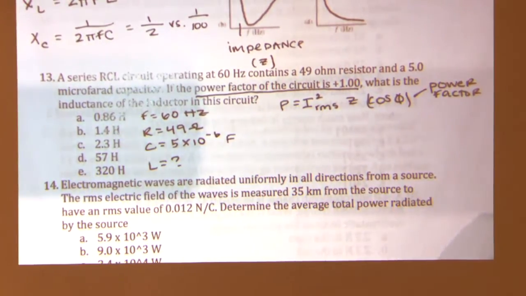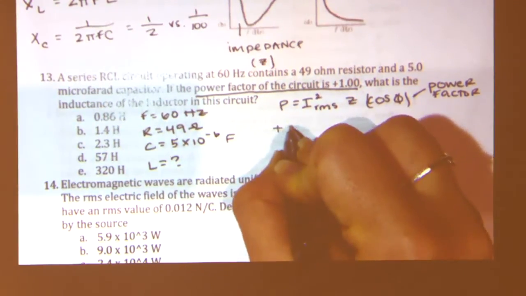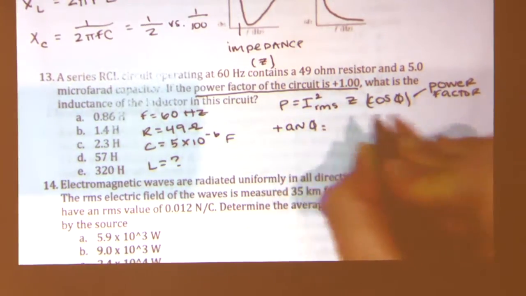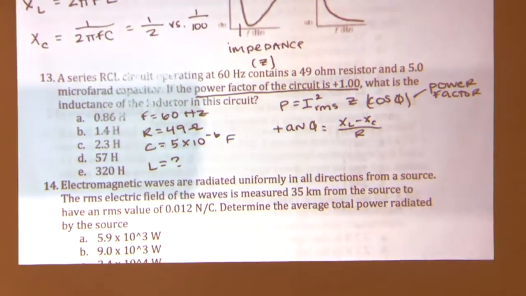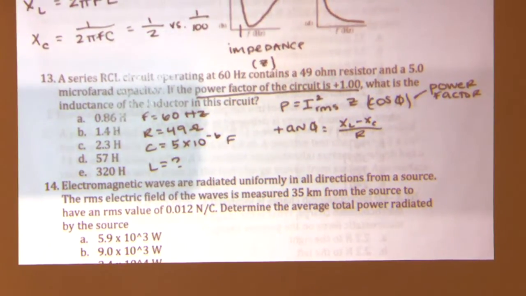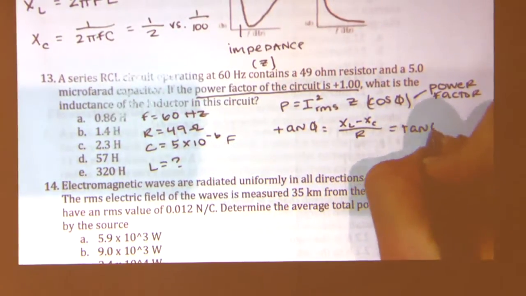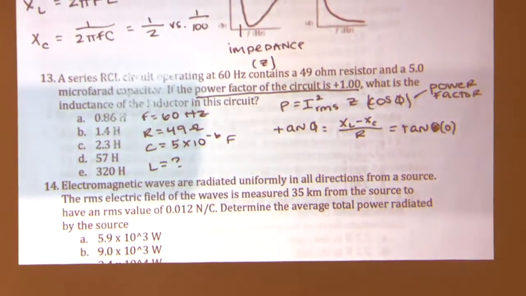We're going to use another equation to relate it. We know tan phi is equal to XL minus XC over R, and phi needs to be 0. So this is basically saying tan 0, and tan of 0 is 0. It's just the unit circle.